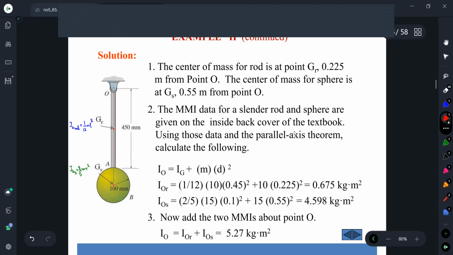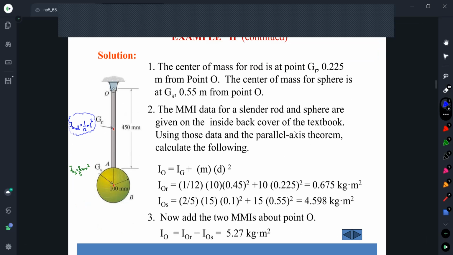For the first one, the rod, from the table we find the mass moment of inertia of the rod at its mass center is 1 over 12 ml squared.